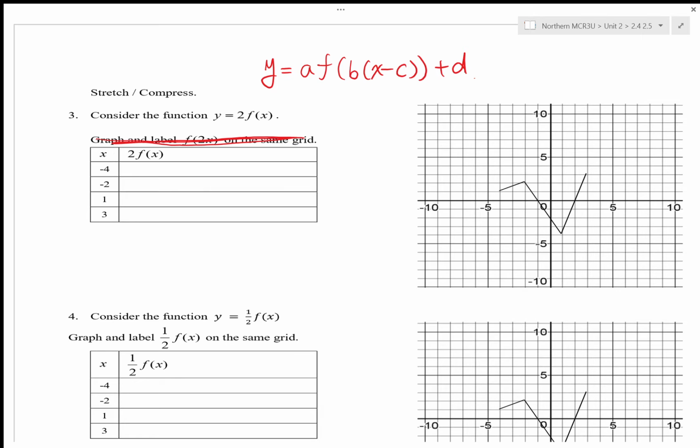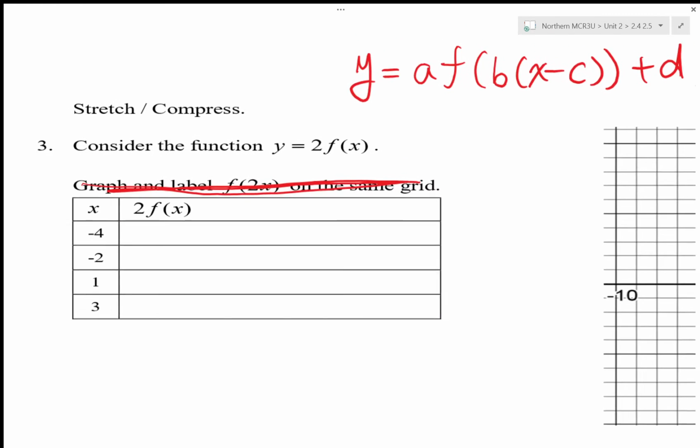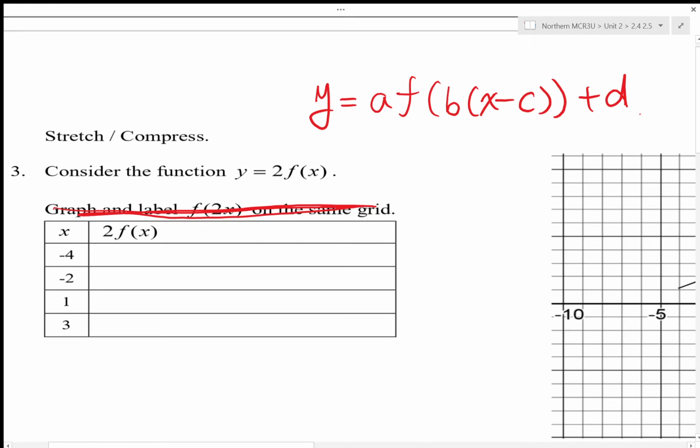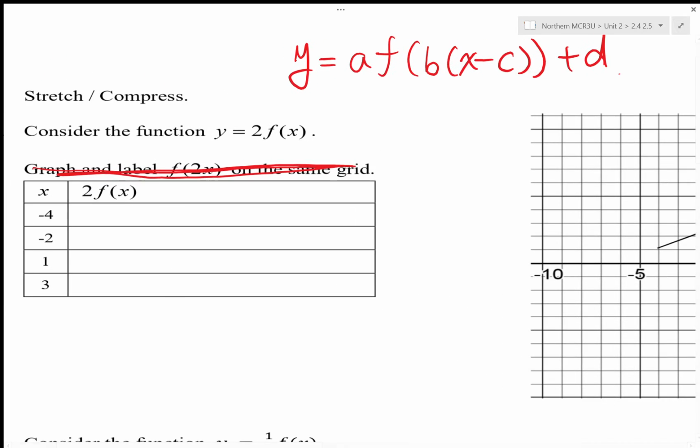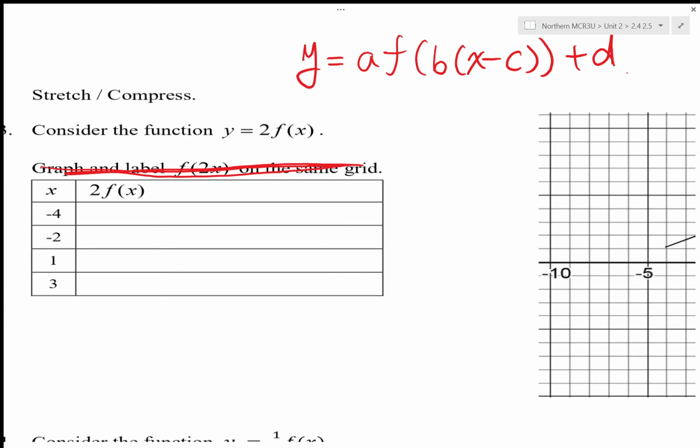Okay, so let's take a look at number 3. This is actually about the stretch, but let's see whether it's going to stretch or compress. If I have 2 f(x), by the way, we're still using the same graph from the previous lesson, which is the original graph. Now, 2 times f(x) means that it is 2 times f(negative 4) if x is negative 4.